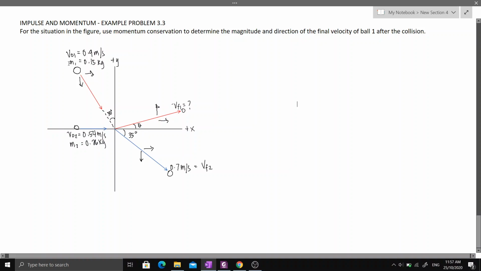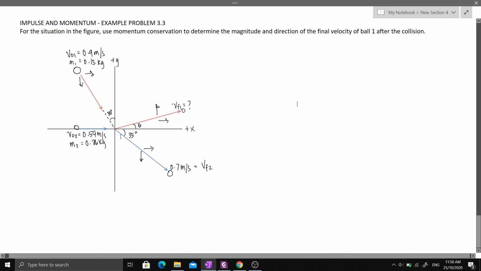So these two balls will collide, and after collision, they will have a different final velocity. So for the first ball, the final velocity, its magnitude and direction is unknown.